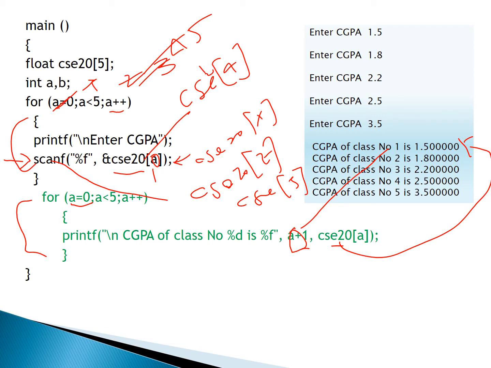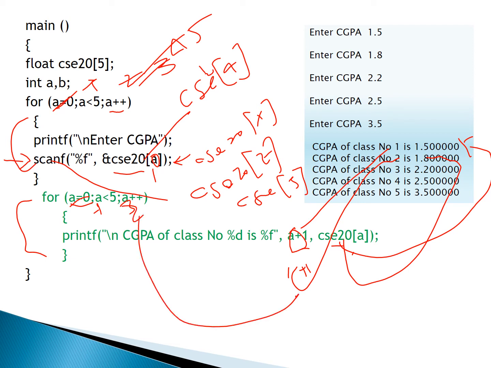For the next iteration, where a is 1 now, this becomes 1 plus 1, that will be 2, and the next value, which is 1.8, will go to this one. For the next, which is 2, 2 plus 1 here will be 3, and so on.